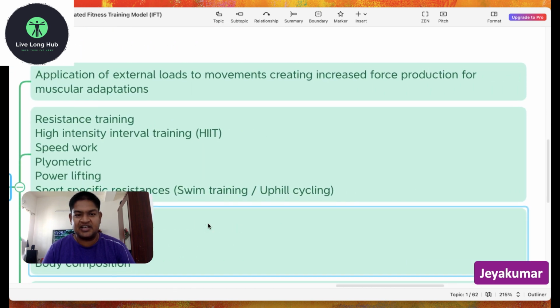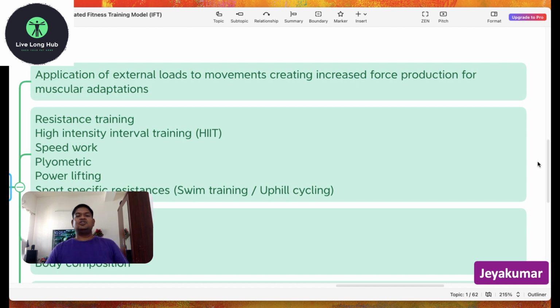Here basically it is the application of external loads to movements, thereby creating increased force production for muscular adaptation. This is basically strength training with weights. So it involves resistance training, more focused towards HIT, high intensity interval training, and speed work.